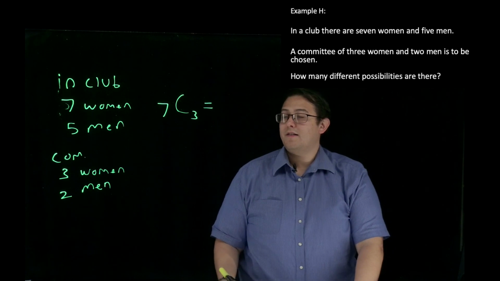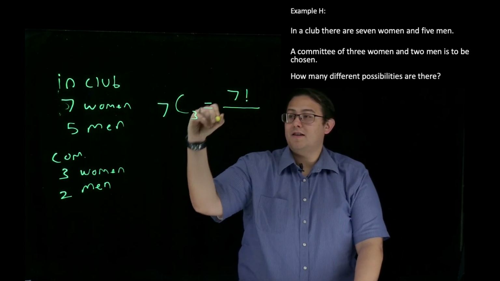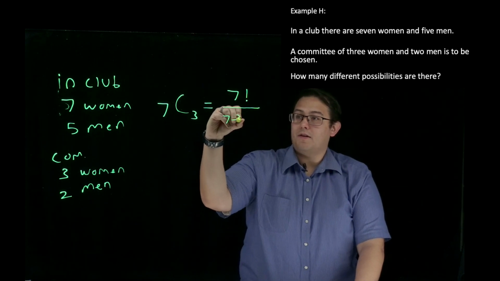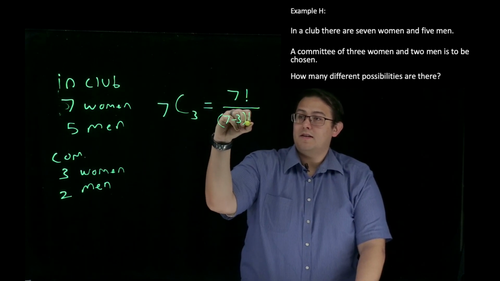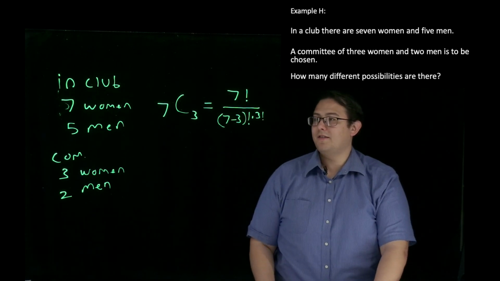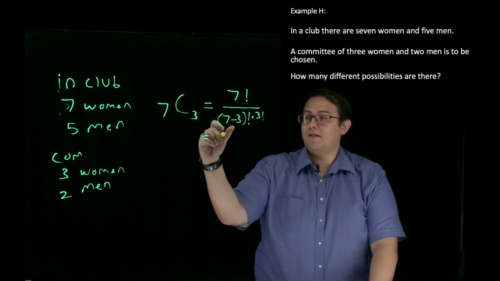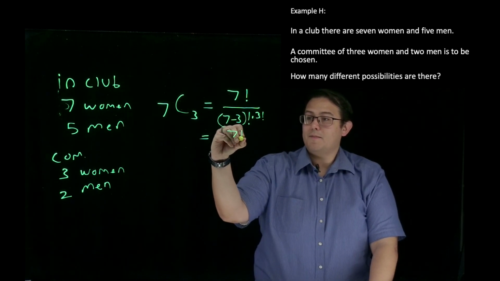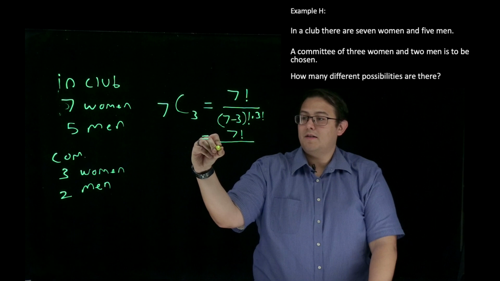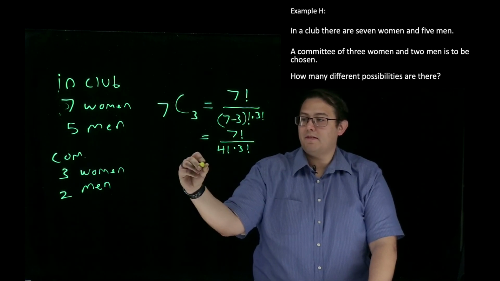Okay. And then this is going to be 7 factorial all over 7 minus 3 factorial times the 3 factorial, like so. So doing the 7 minus 3 first, you get 7 factorial all over 4 factorial times 3 factorial.